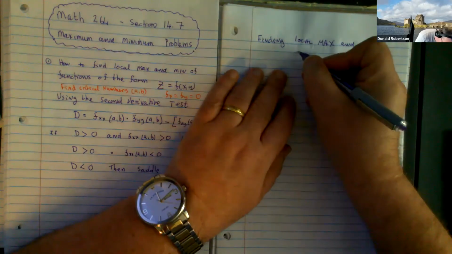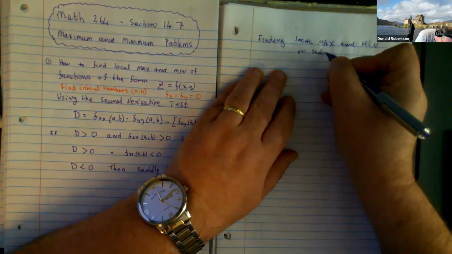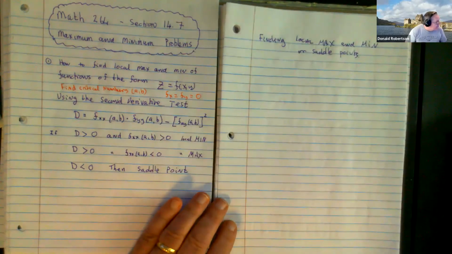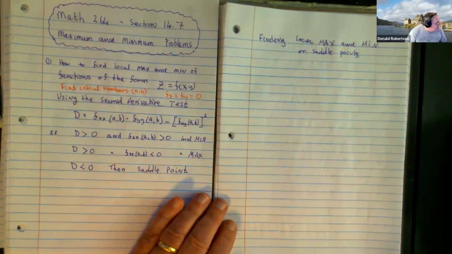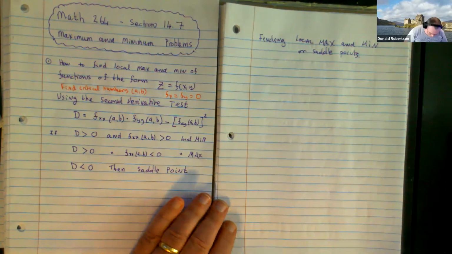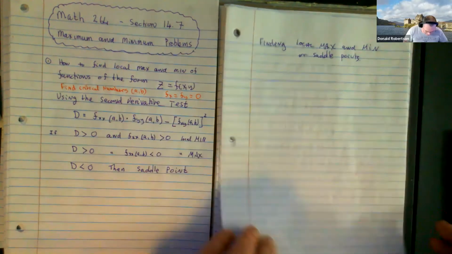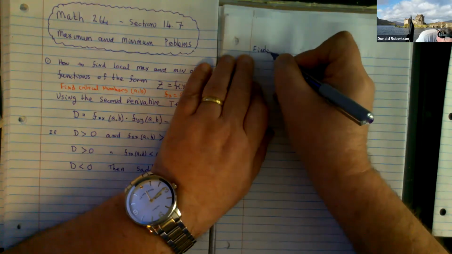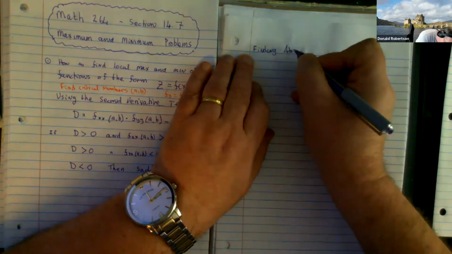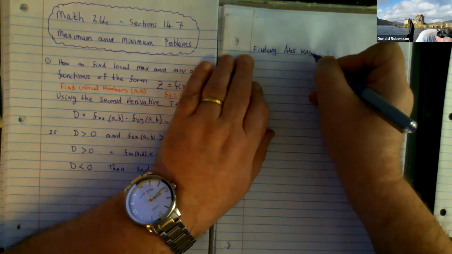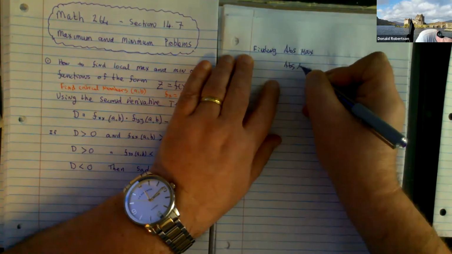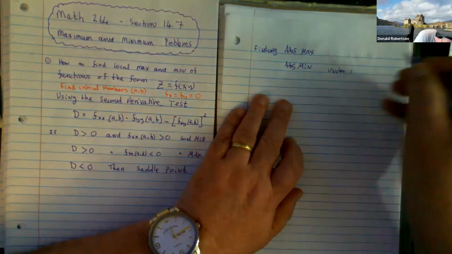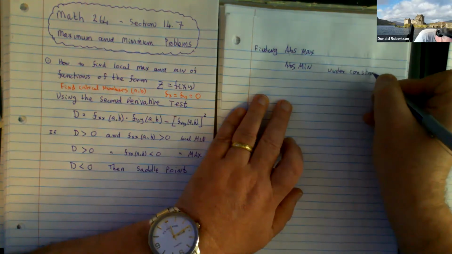Or saddle points, I guess, just for completeness sake. Absolute maximums and absolute minimums under constraints. I just basically duplicated what we were doing earlier today.